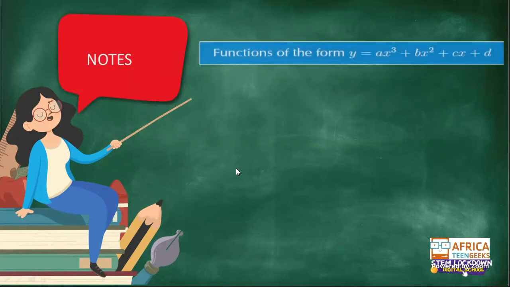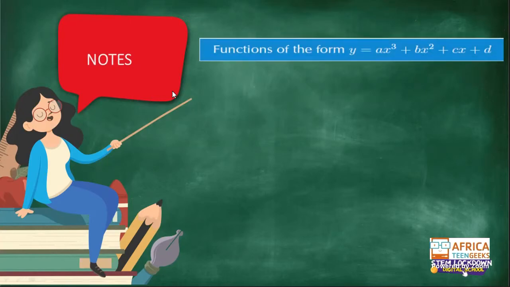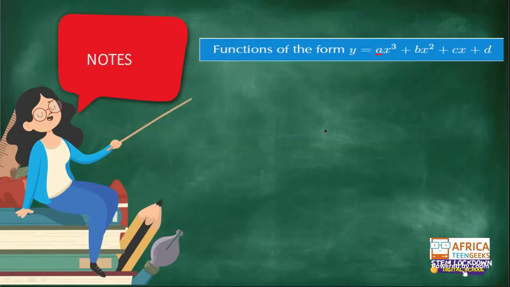So from yesterday's homework, you will notice that you were given two equations of the form ax cubed plus bx squared plus cx plus d. What you will notice is that the value of a was different. I just wanted you to have an idea of what the equation looks like.